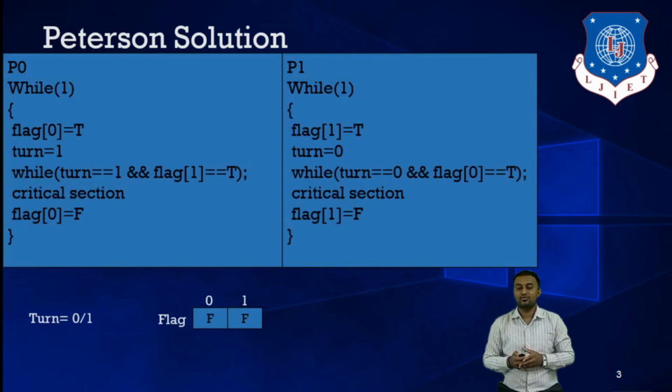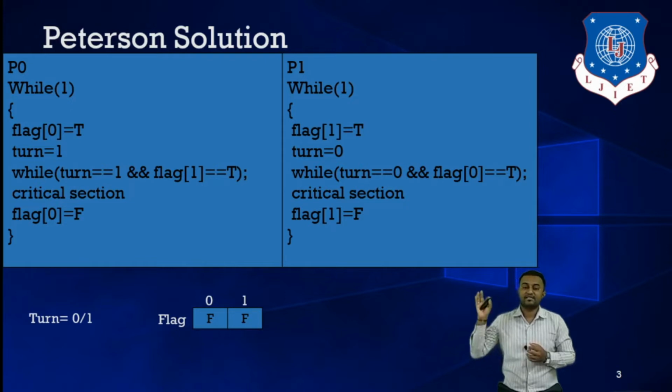Let us discuss this with the help of a scenario in which we have two independent processes. One is the P1 process and second one is the P0 process. Means these two are independent in nature, they are not dependent on each other. These two processes want to perform a particular task.